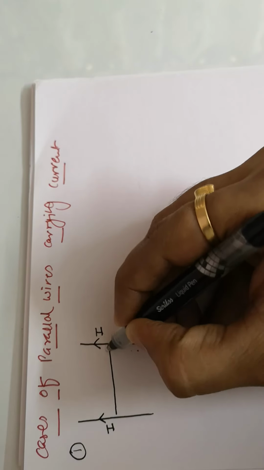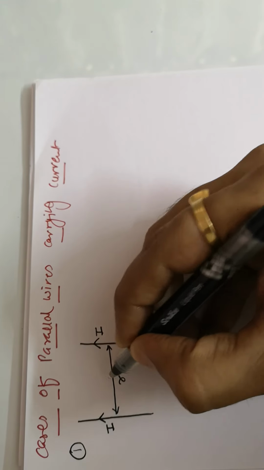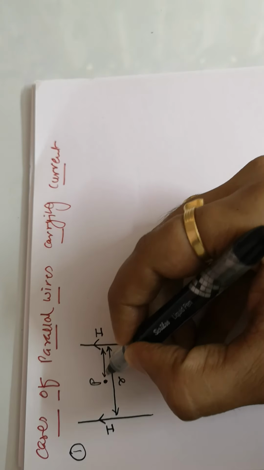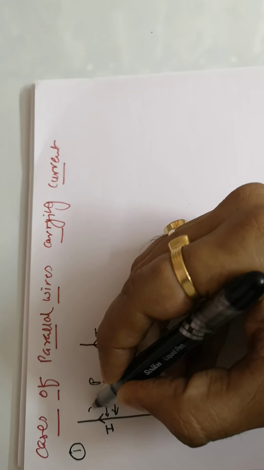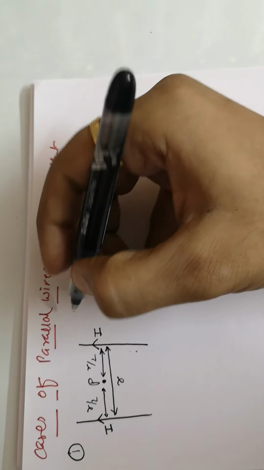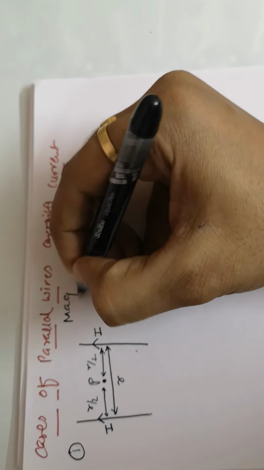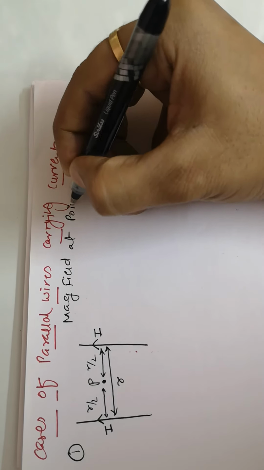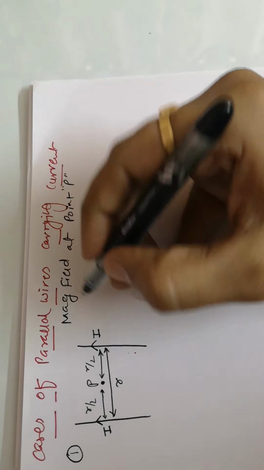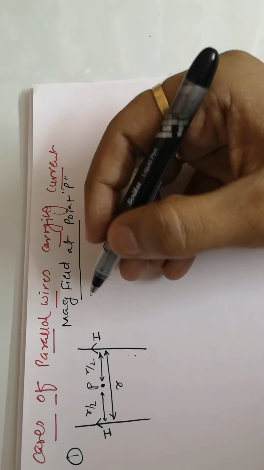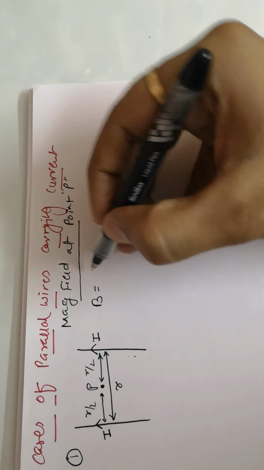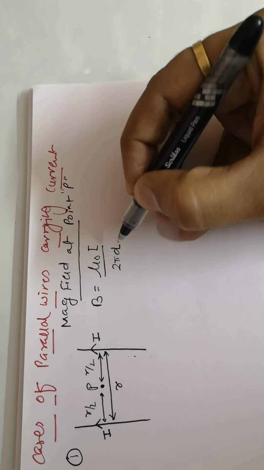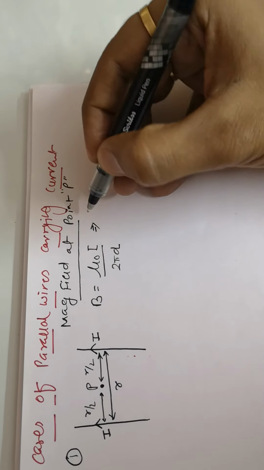I am assuming that the distance between them is R, and I want to find the magnetic field at point P. So the distance from each wire to this point would be R by 2. This is my first case. The formula I'm using is B equals mu 0 I divided by 2 pi d, which is the Ampere circuital formula.